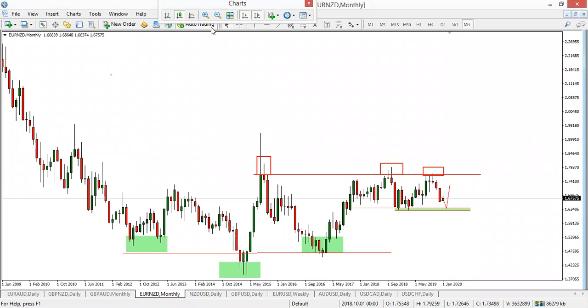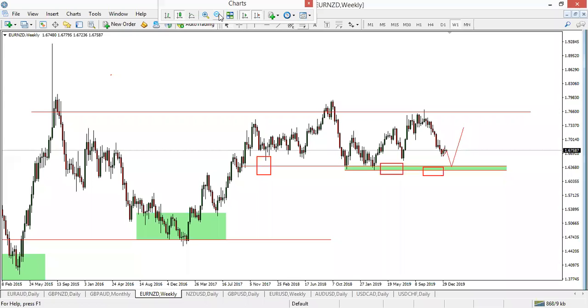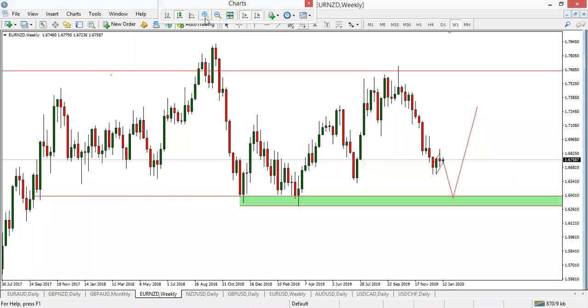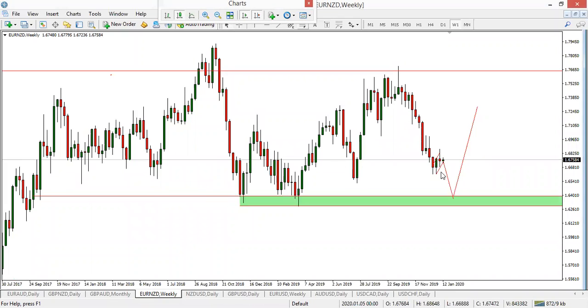So what we do is we go down to the smaller time frame to see how small we could break it down, so to say. So Euro AUD. On the weekly time frame, you can see a little indecision candle here, and this might continue up a little bit.